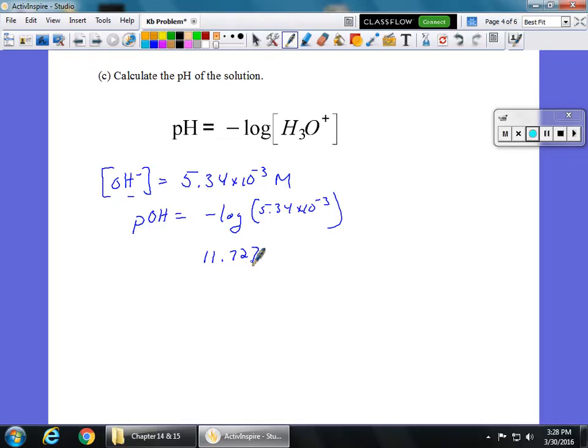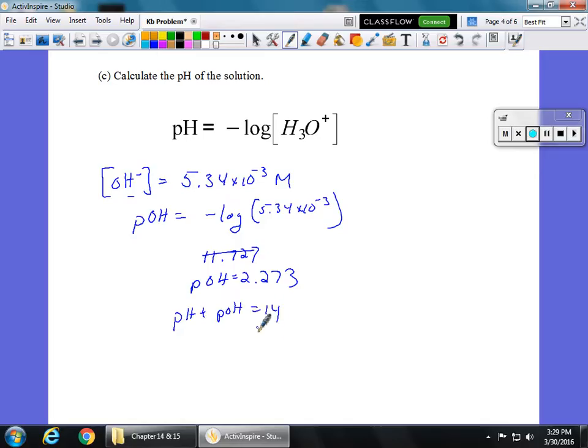And that's going to give us, oh, I'm sorry, I got that one wrong. That's going to give us a pOH of 2.273. Sorry, guys. And when we add that, remember, pH plus pOH is 14.